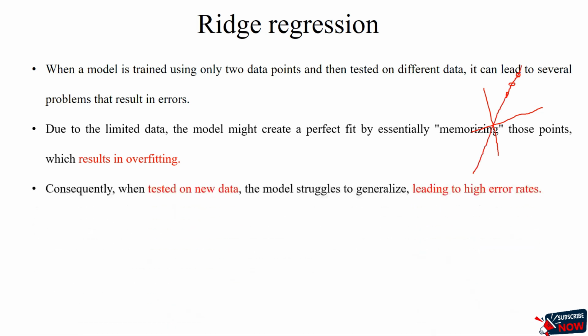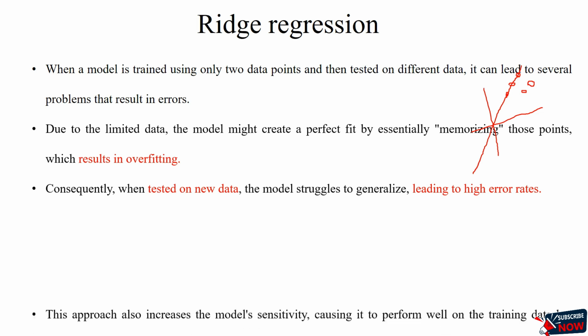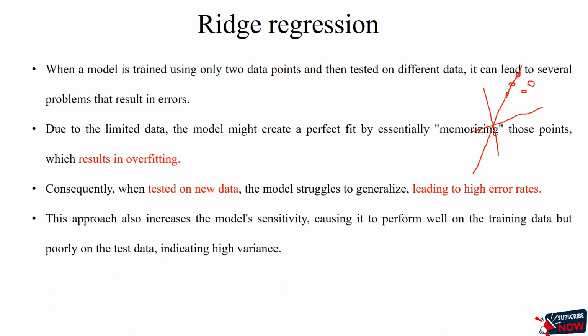The reason is that when new test data are introduced, say these 2 data points are the new test data, the model will struggle a lot and it leads to high error rates. This increases the model's sensitivity, indicating a high variance because of the overfitting.